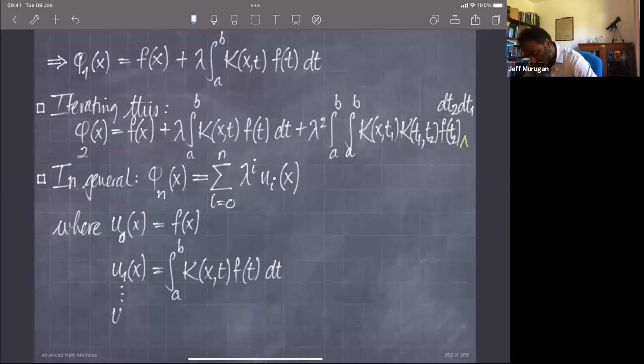until I get to the nth u, and this is equal to the nth integral.